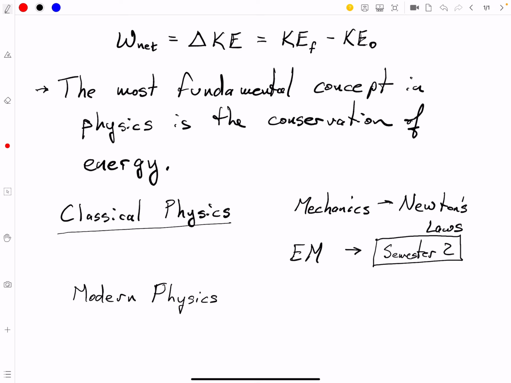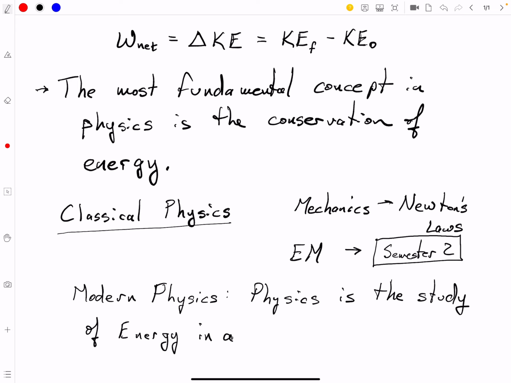They didn't know that because physics ends up being simply the study of energy in all of its forms.